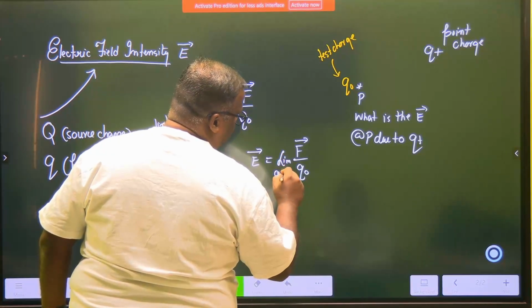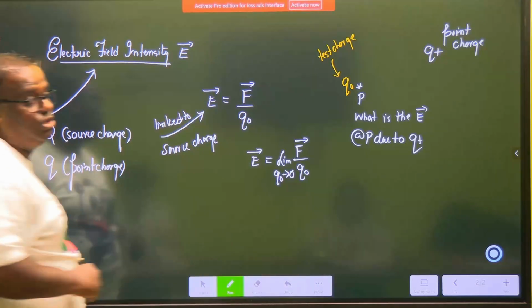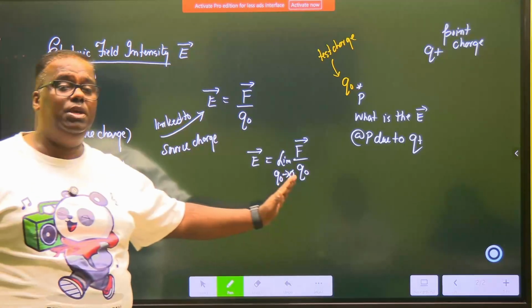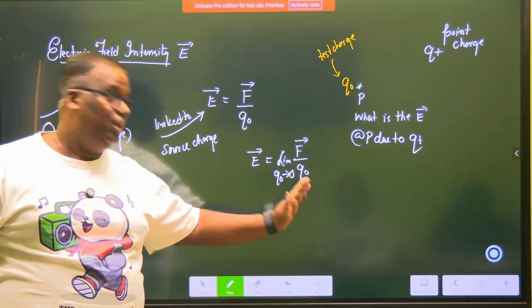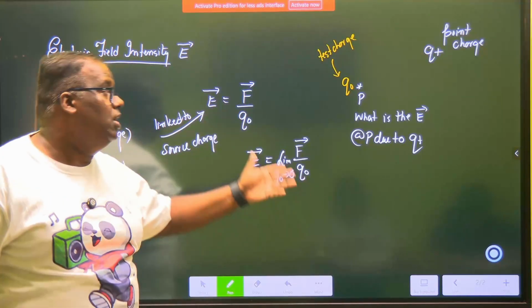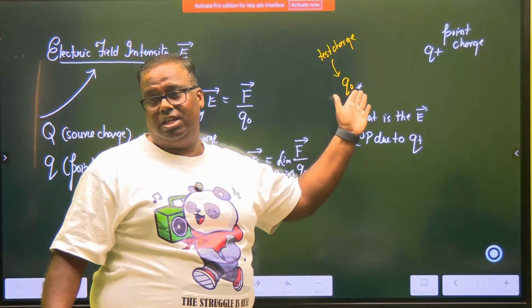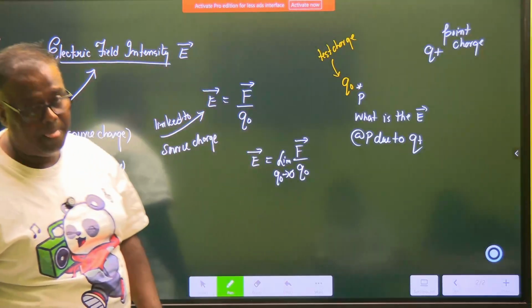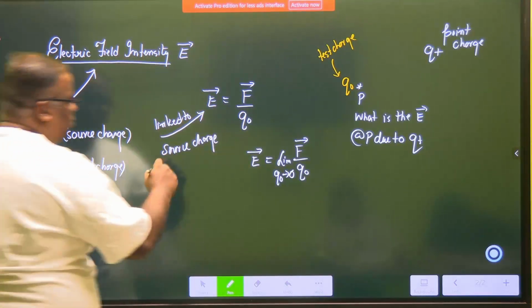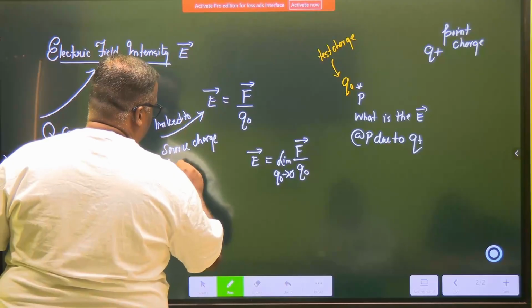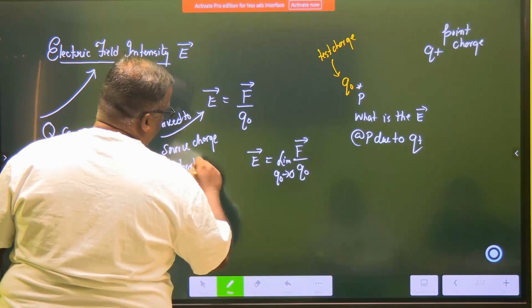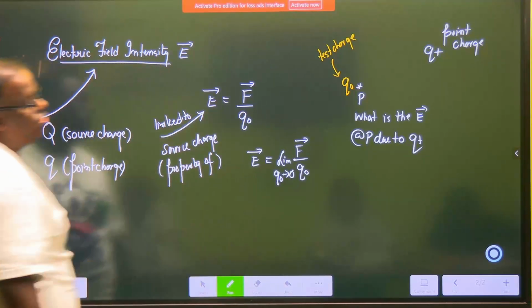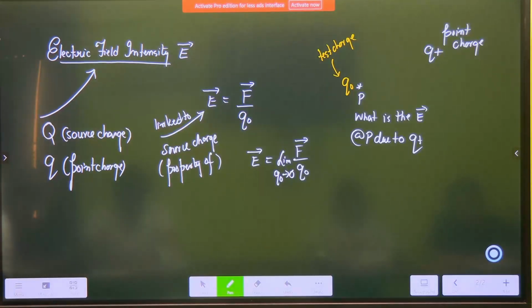And I would put a limit saying that Q naught tends to 0, meaning Q naught should be infinitesimally small. If Q naught itself has a value, you cannot test the electric field out here because it is itself creating an aura in and around it. So electrical property is linked to the source charge, or you can say that it is a property of the source charge. Have you understood this or not?